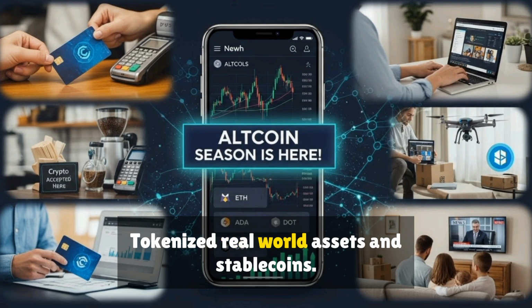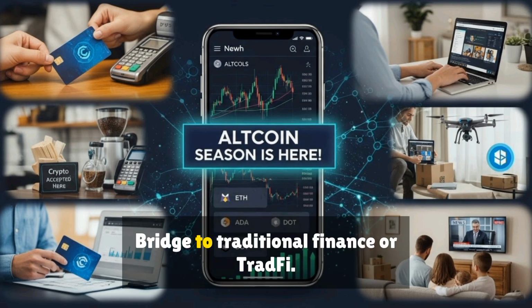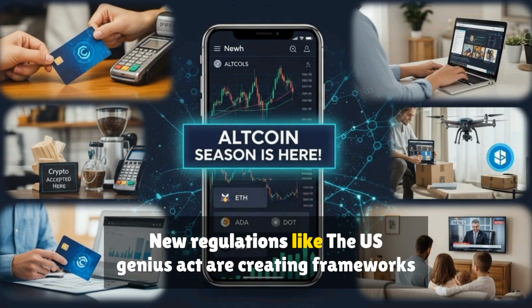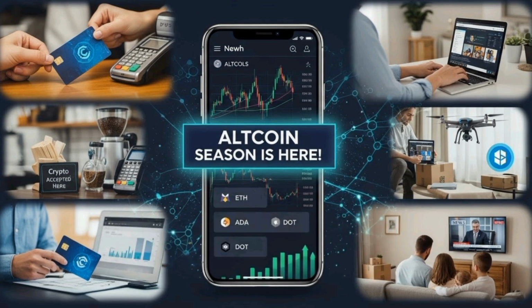Tokenized real-world assets and stablecoins. Primary driver: bridge to traditional finance, or TradFi. New regulations like the U.S. Genius Act are creating frameworks for tokenizing assets like treasury bonds, real estate, and equities on blockchains.